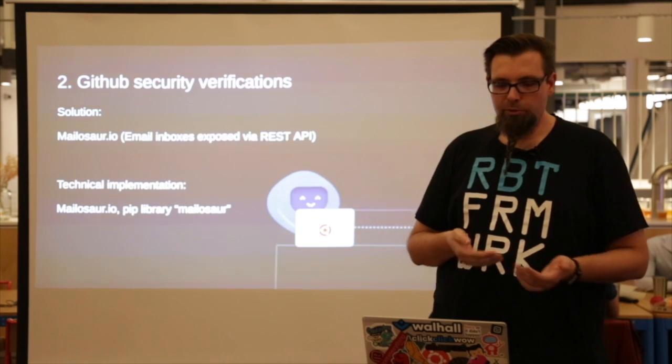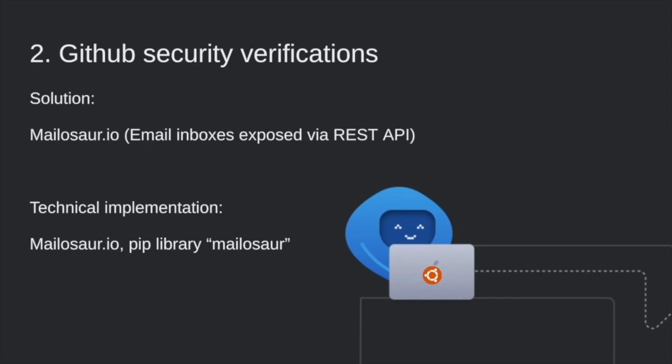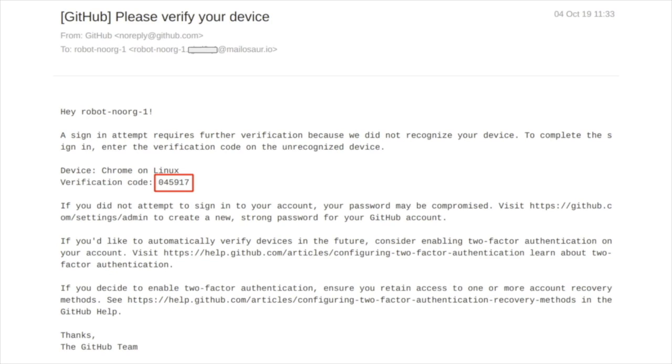Right? So how do you do this? There's a nice tool called Mailosaur.io. It's a paid service, but it's quite cheap in my opinion, and it's very easy to integrate. So I want to quickly show you how this is actually done inside Robot Framework. So I'm actually getting, this is the email I'm getting in my email inbox, and I need to grab this verification code.